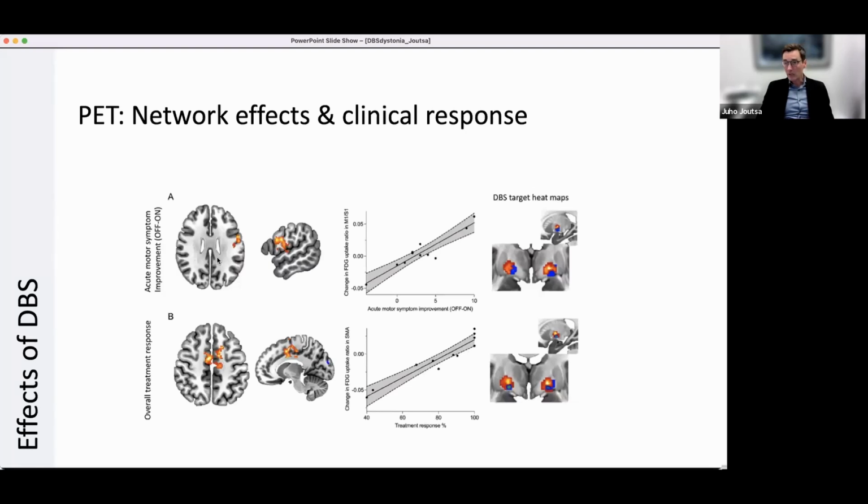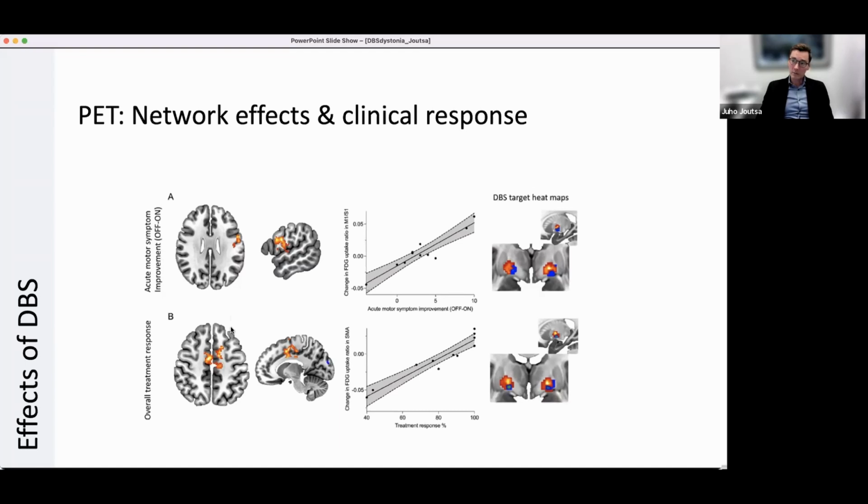Looking at what correlated with motor symptom improvement, the short-term improvement after switching DBS on was associated with metabolic increase in the sensory motor cortical areas, and overall treatment response with activation in the SMA area.